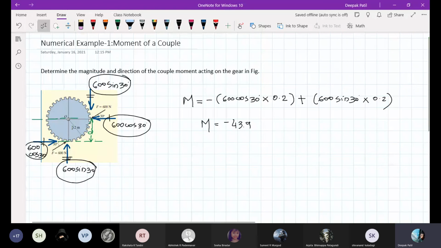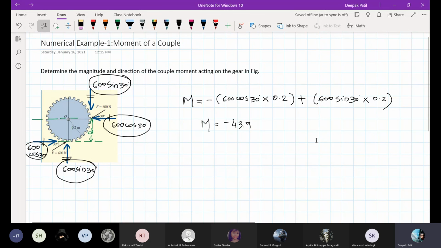Okay, are you clear, students, with that numerical example?